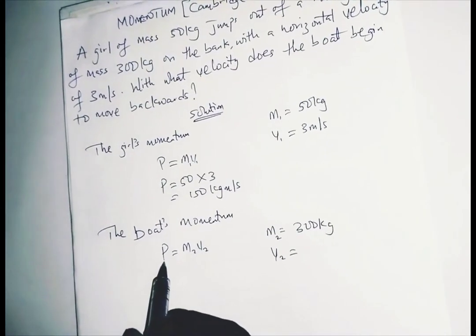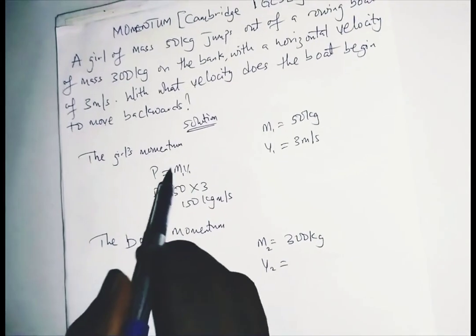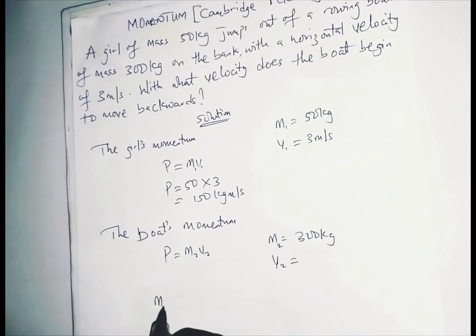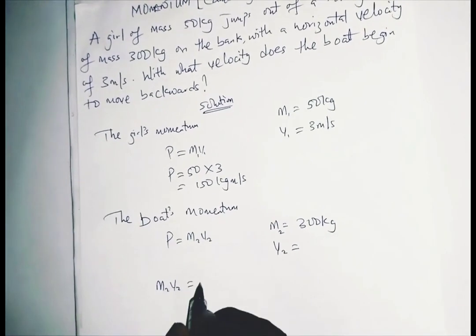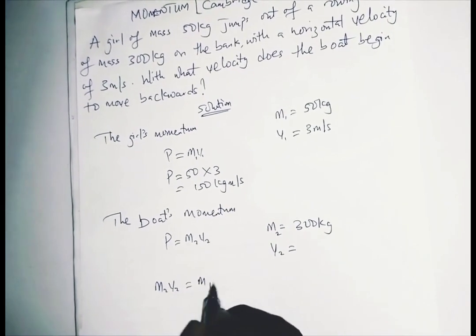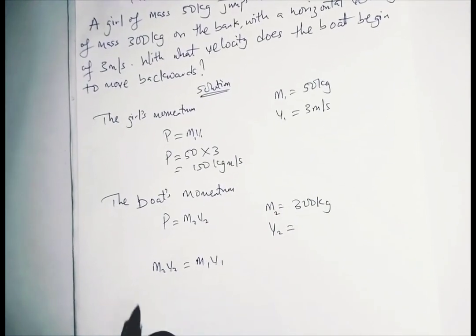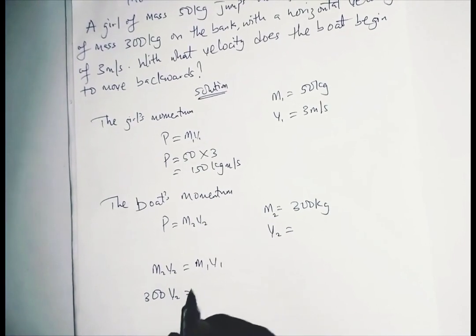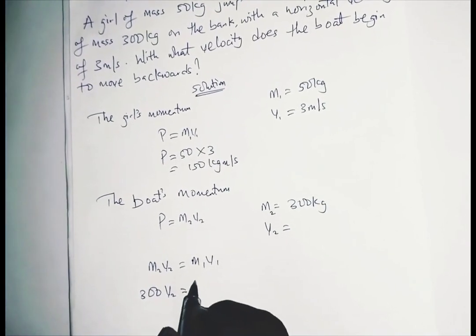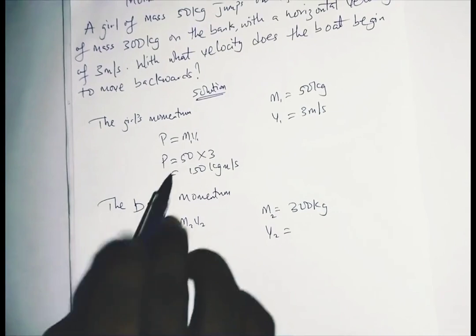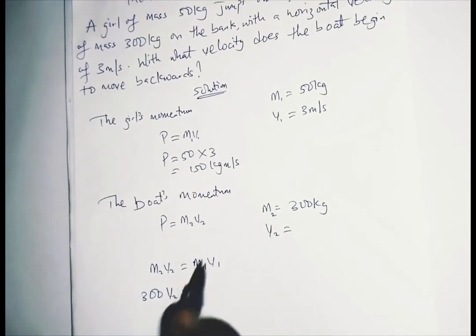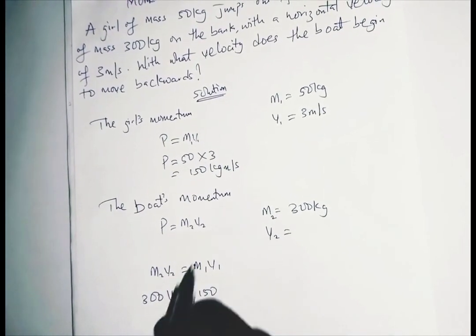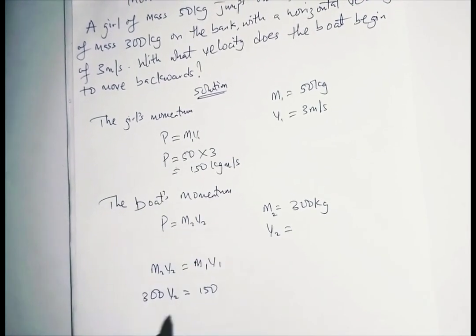Now since the momentum here has to be equal to the momentum here, we have that m2 v2 has to be equal to m1 v1, m2 being 300, v2 still unknown, and m1 v1 we've calculated to be 150, and that is what you are seeing here.